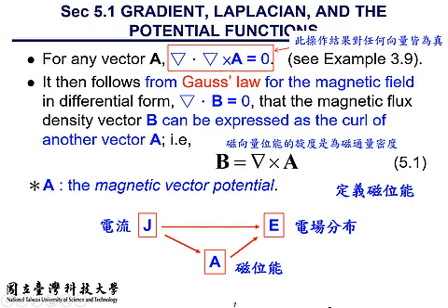However, the derivation of the solution can be very difficult in general. So, we devised an alternative approach, that is to calculate the so-called magnetic vector potential first.